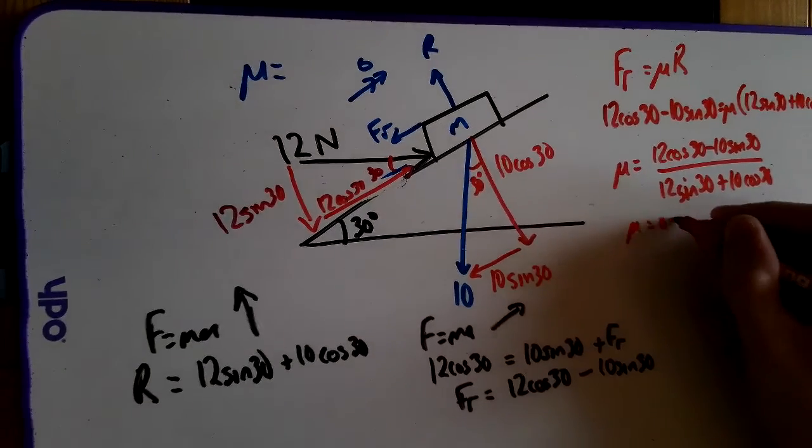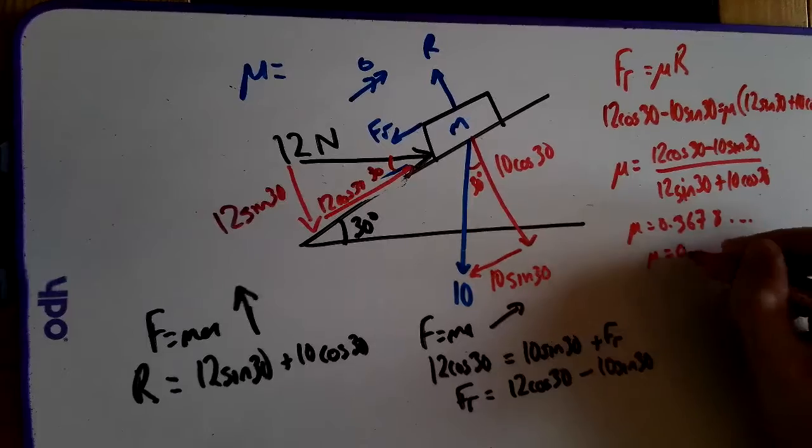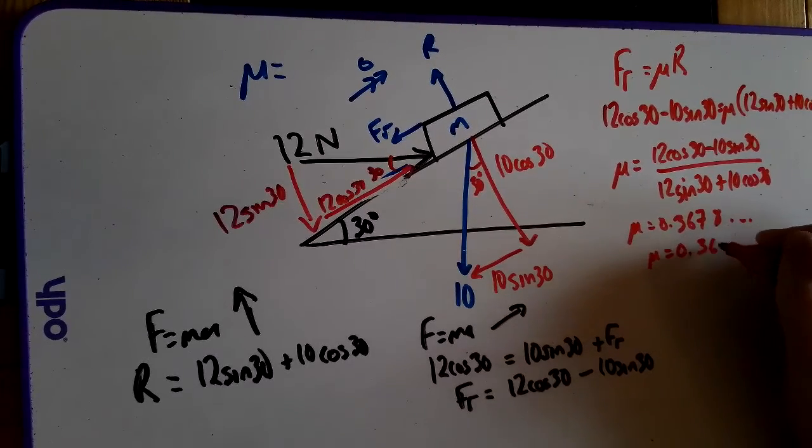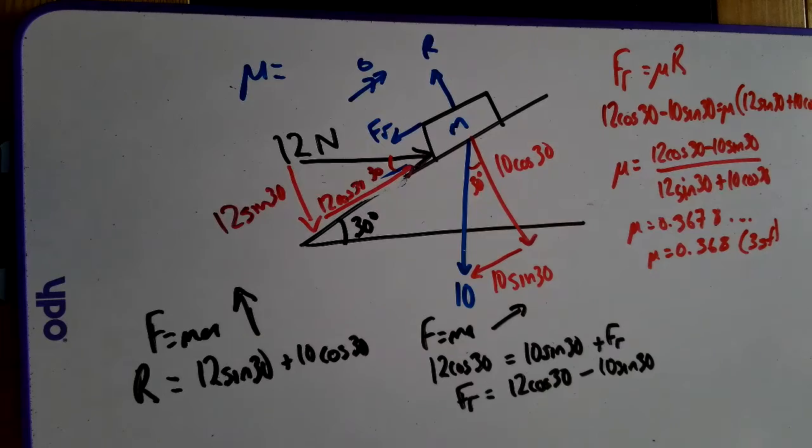Mu is 0.3678. So to three significant figures, 0.368. Again, no units for coefficient of friction.